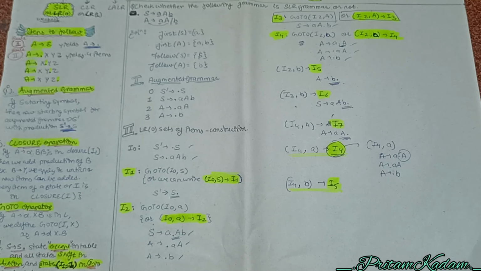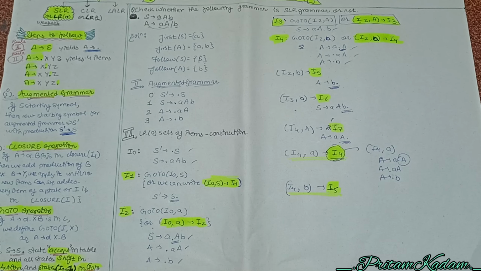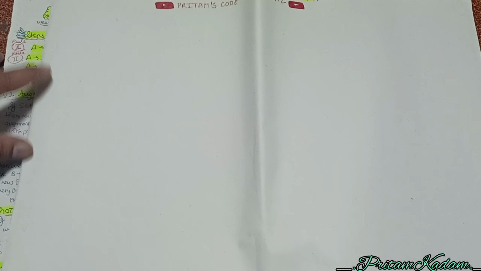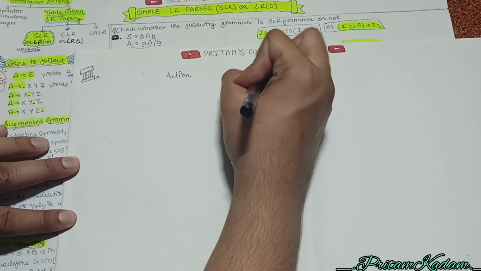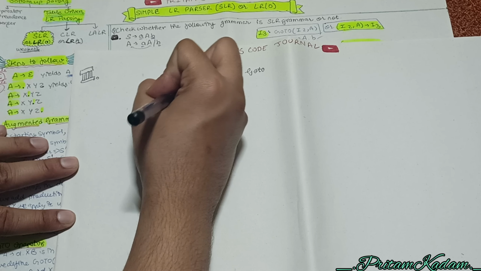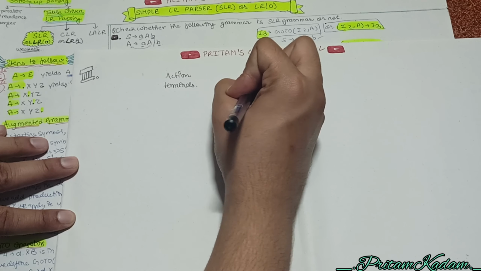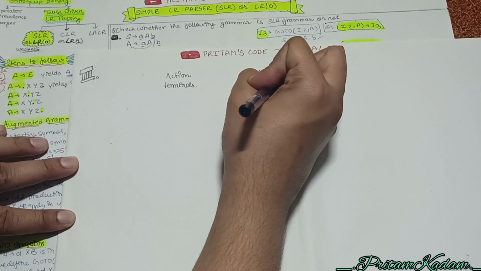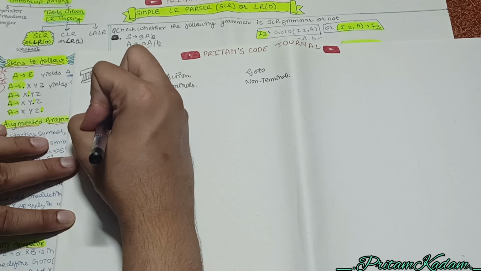For that, let me take out another page, and first I will make the action and go to parts, and then we will write the shift entries and then the reduce entries. In the action part you will write all the terminals, that is the small symbols, and you will write the non-terminals inside the go to part.